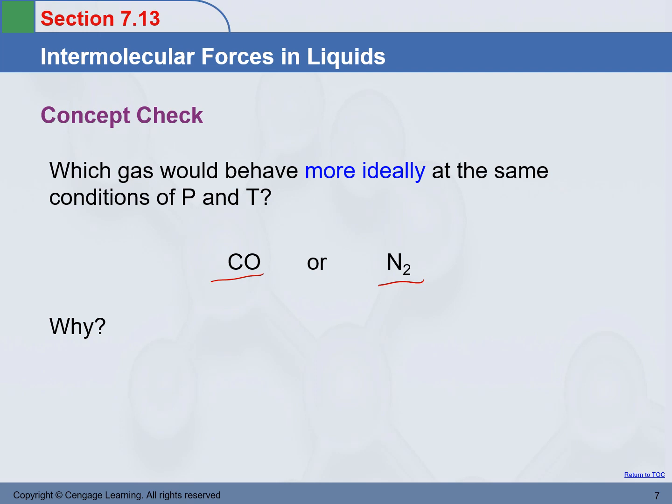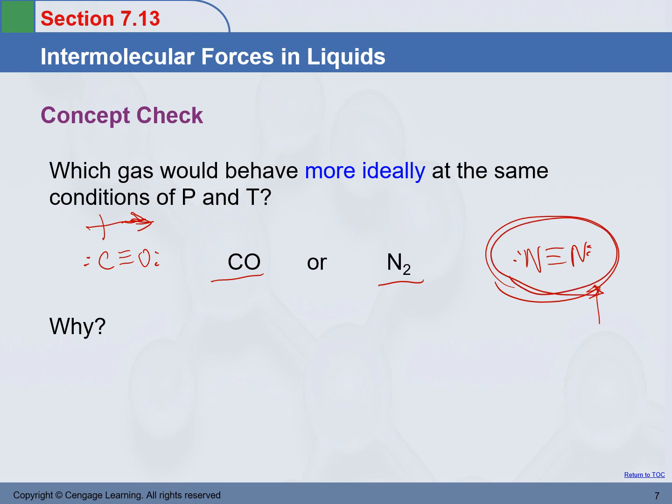So let's draw the Lewis structures of carbon monoxide and nitrogen. Nitrogen is a nonpolar molecule. It has a London force. Carbon monoxide is a polar molecule. It has dipole-dipole and a London force, and dipole-dipole is way stronger. As a result, the intermolecular force between nitrogen molecules is weaker, so nitrogen will behave more ideally. That's all for today.